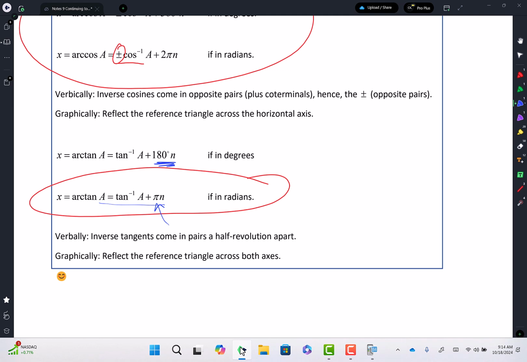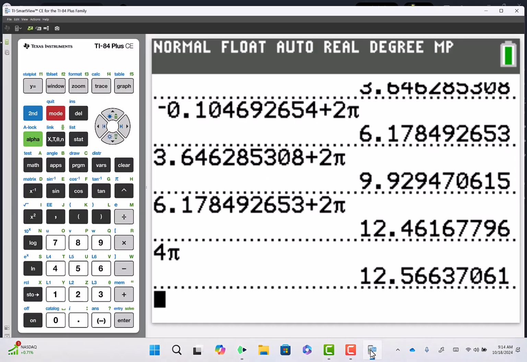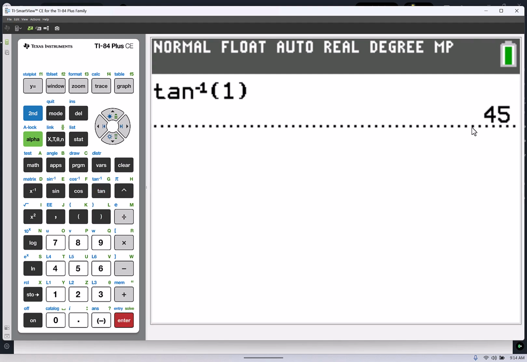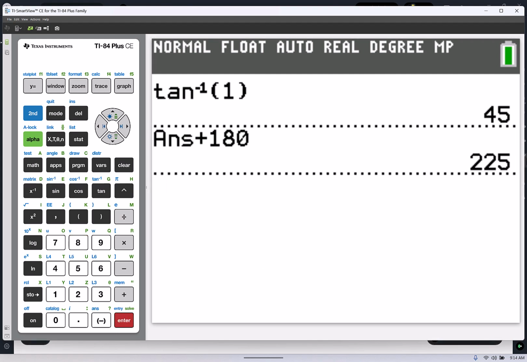You just need one, and you'll get both answers. If I take my calculator, clear it, arctan, I'm already in degree mode. Arctan of 1, I'm just going to get the 45. No matter how many times you do arctan of 1, it's always going to give you 45. How do I get the other one? Just go plus 180. And voila, 225. And sure enough, tan of 225 is 1.